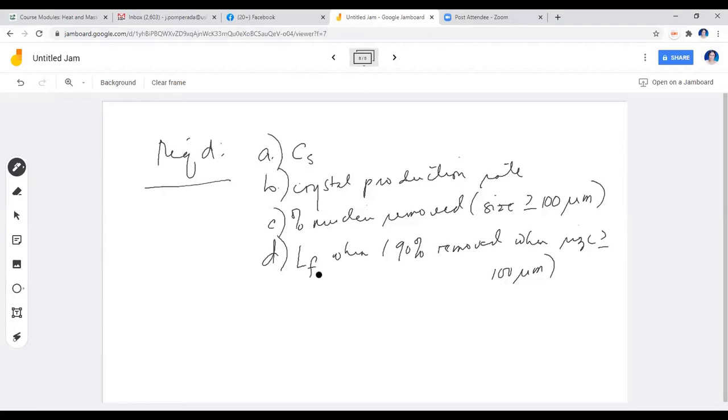So the liquor flow rate, which passes to a trap, which removes 90% of the mixed suspension already when their size already reach 100 micrometers. So these are the four unknowns of the problem.